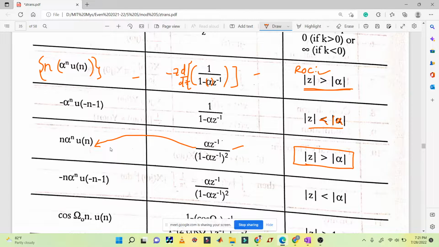Always remember, z is greater than alpha, beta or 1, 2, 3, 4 means it is a right sided sequence, or you are going to multiply it by u of n. You can see here.